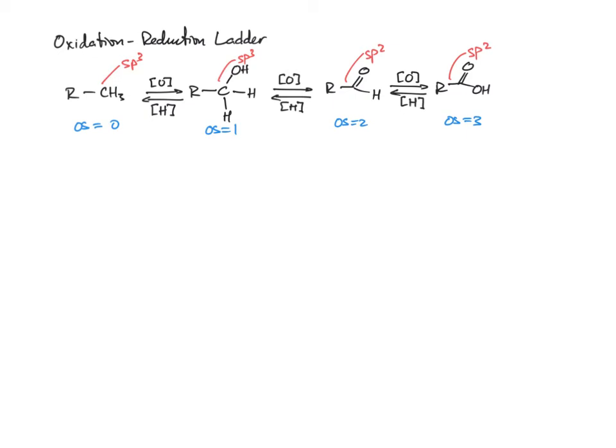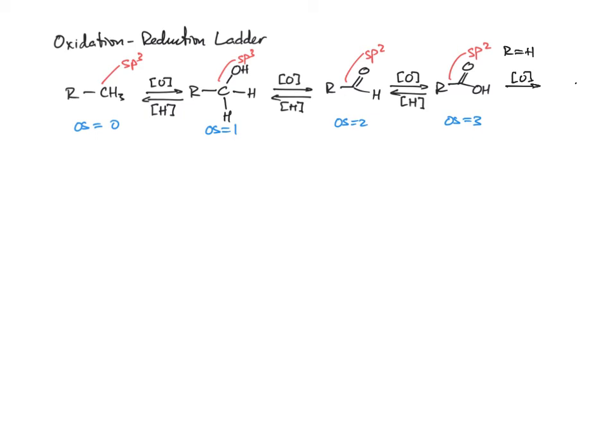Depending on what the R group is, so if R was hydrogen specifically, so I'm going to write that here. If R equals H, this could be oxidized one step further.